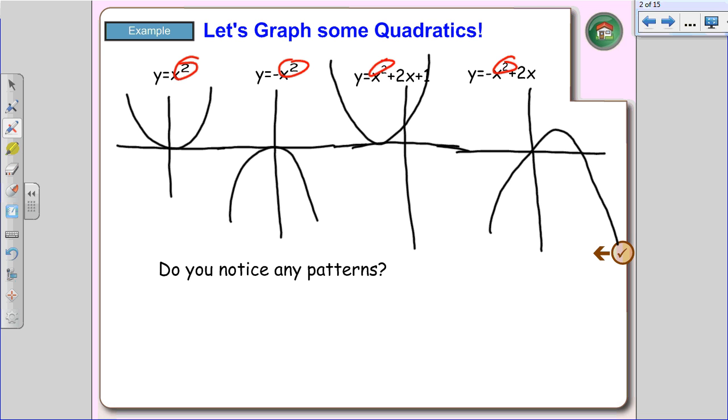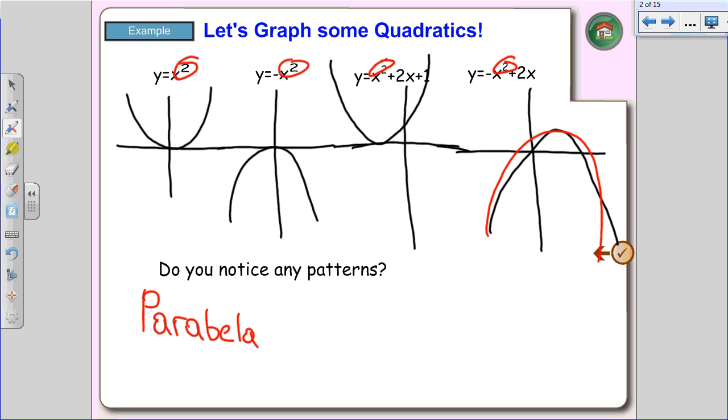Well, they look like just one big loop, right? This little bump in the road. We actually have a name for that. We call it a parabola. So these are all parabolas. Excuse my spelling if that's wrong. I think it's a U-L-A. That's okay.